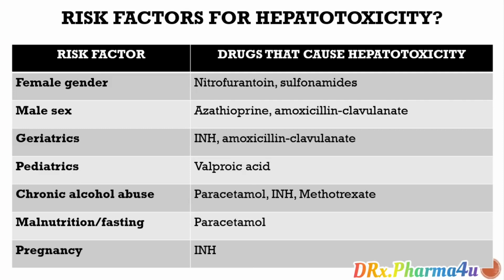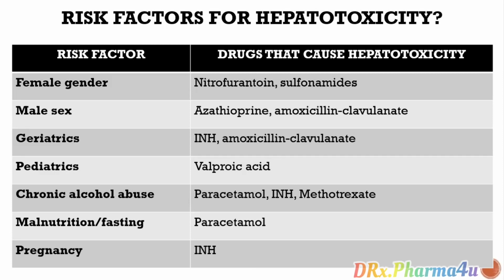And if you are a chronic alcoholic, means you are taking little amount of alcohol for a very long period of time and you are completely addicted to it, in that condition, paracetamol, isoniazid, and methotrexate can be harmful for you because it can precipitate hepatotoxicity. If you are malnourished completely or if you are on fasting, then paracetamol can elevate your liver enzymes.